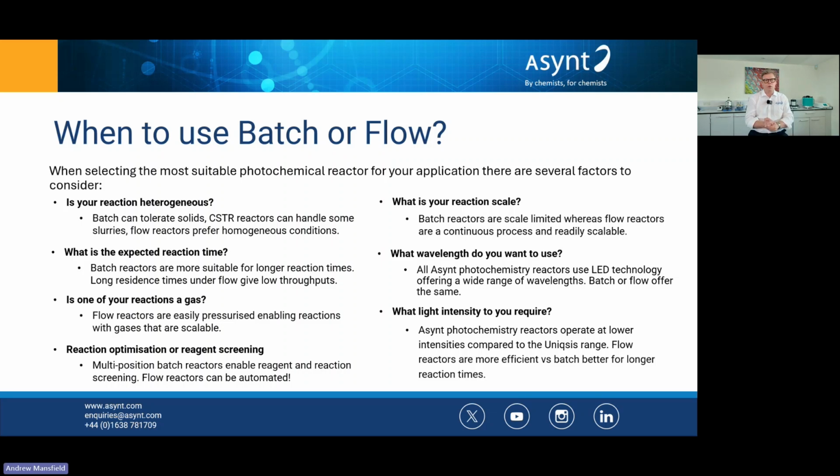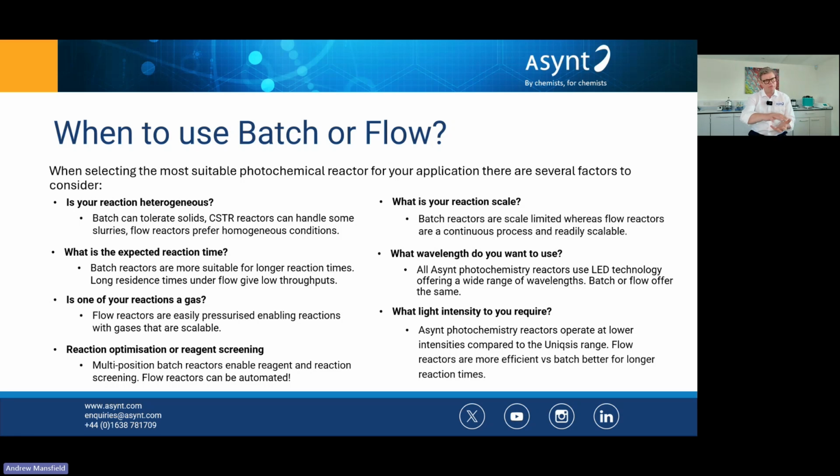Do we want to optimize our reactions or do reagent screening? We have access to photochemical reactors that can have a single position, but can have multiple positions, whether that's 8 or 12, and we have these that very efficiently sit onto traditional hot plate stirrers, and give you access to explore different reaction conditions, whether that's reagent screening, catalysts, or concentration, for example.